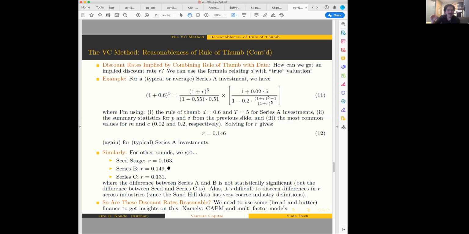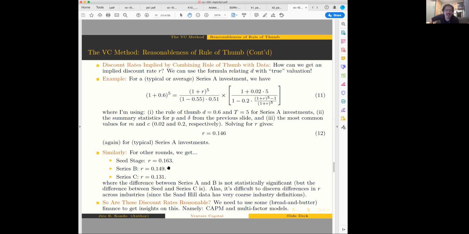And so you start to see a bit of a life cycle of discount rate here. For a seed stage, the discount rate from now to exit is about 16.3%. For a Series A, Series B, it's about 14.75%. And for Series C, it's fallen down to 13.1%. And then it falls down progressively a little bit more for Series D, Series E, and so on and so forth.